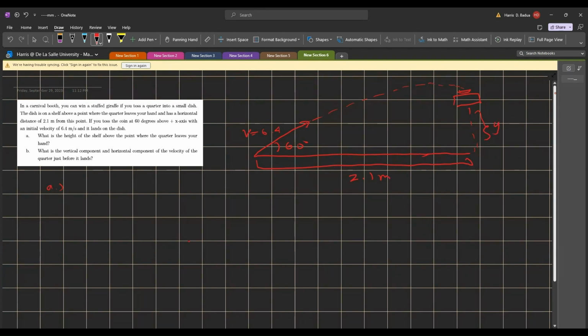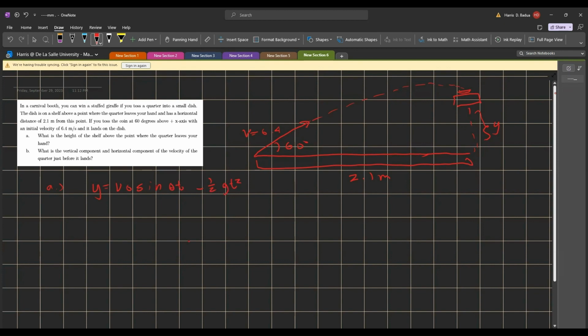However, pag alam natin yung formula ng y, it is actually equal to the initial velocity sine theta times t minus 1/2 gt squared. But remember, wala tayong available na t, so we can't directly substitute the values na meron tayo ngayon.